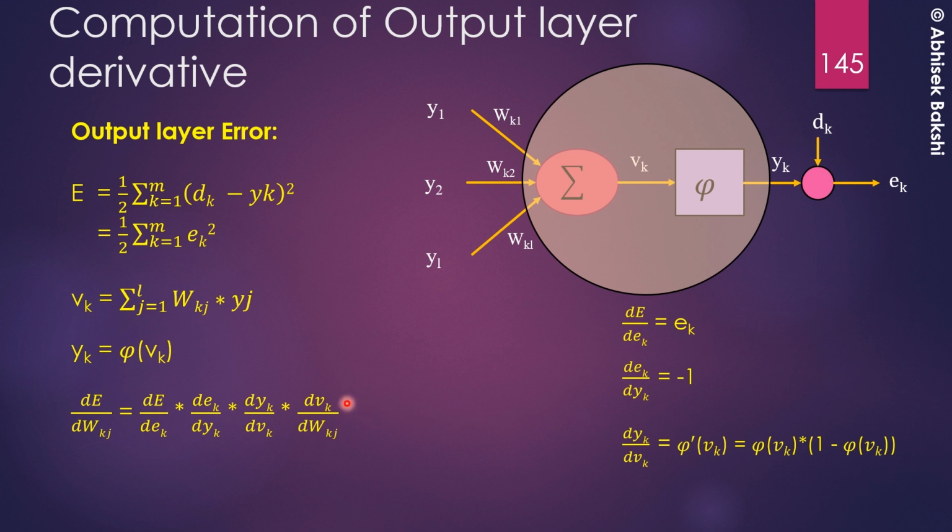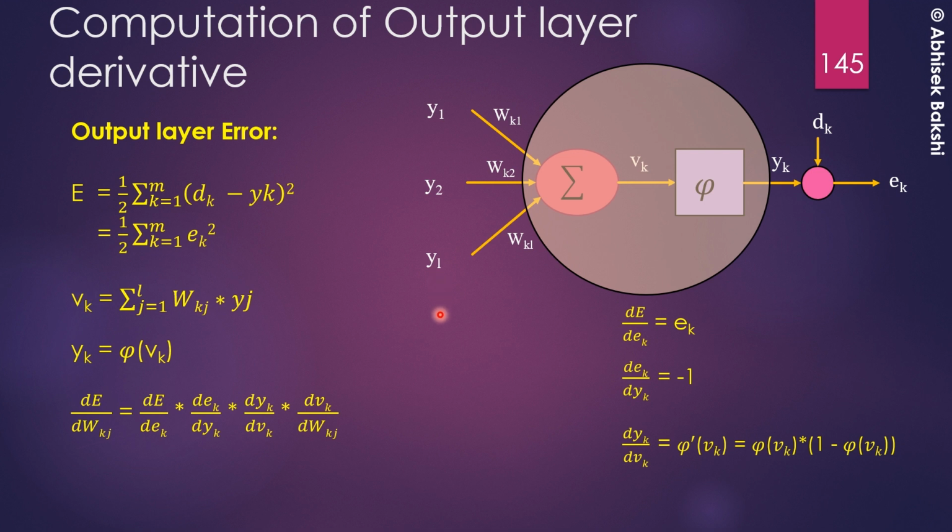Now comes derivative of vk with respect to wkj, right? If you see here, derivative of vk with respect to wkj, this wkj will be flashed out, so only yj will be left, right? It's something like this: assume that instead of wkj, just for simplicity you consider x multiplied by yj, and here vk is say p.